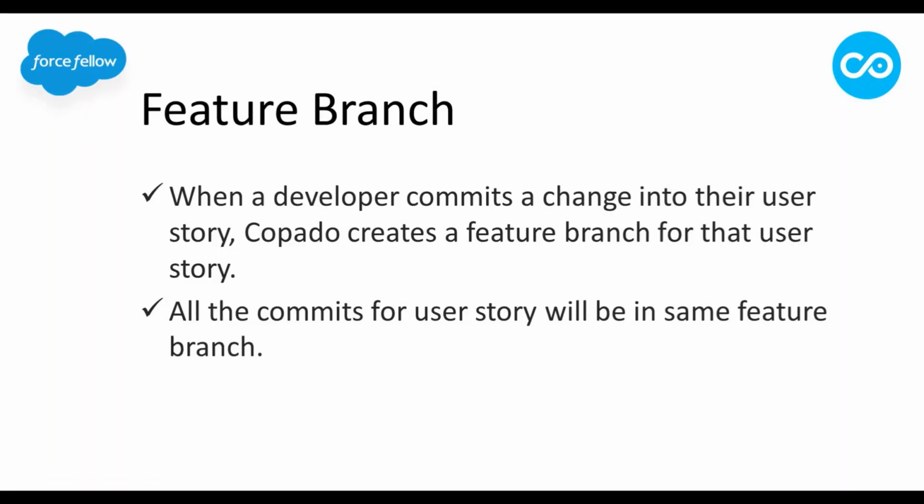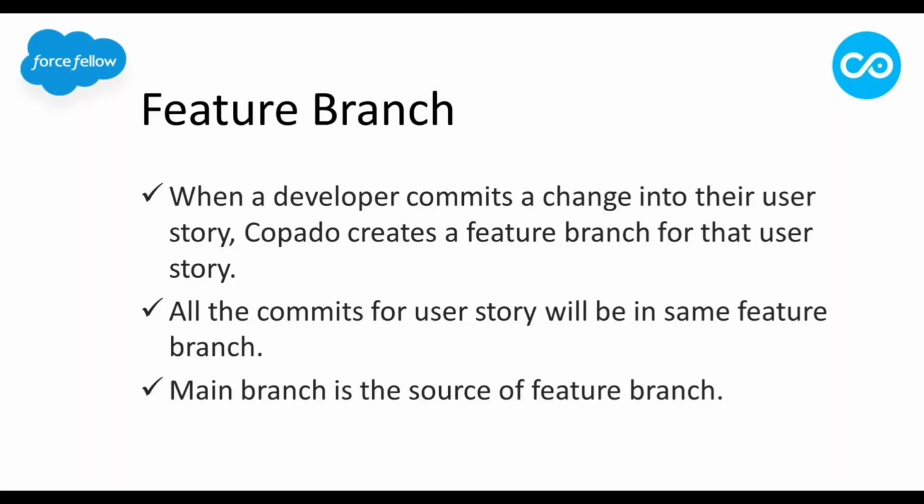When you commit changes again, there won't be any new branch for the same user story, and changes will be committed into the same branch that was created the first time. So we can say Copado creates a feature branch for each user story, and the source of the feature branch is the main branch. So we can say the feature branch is created out of the main branch.